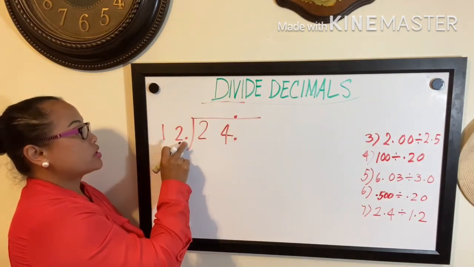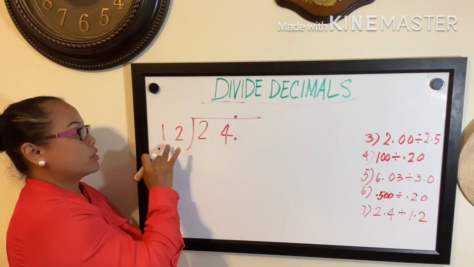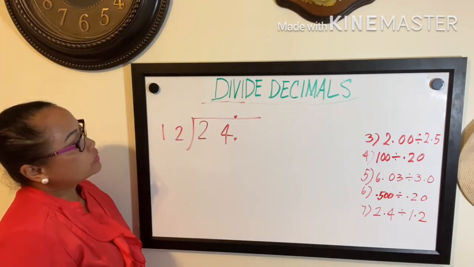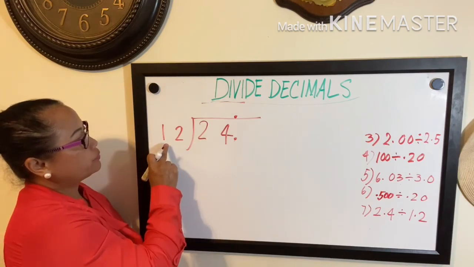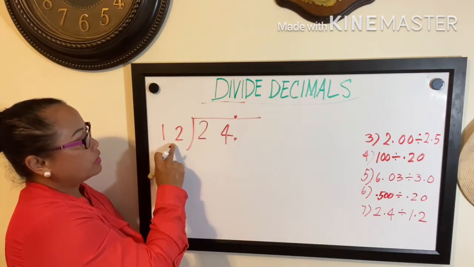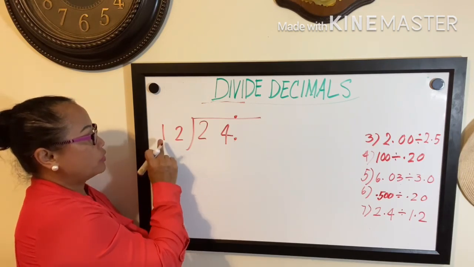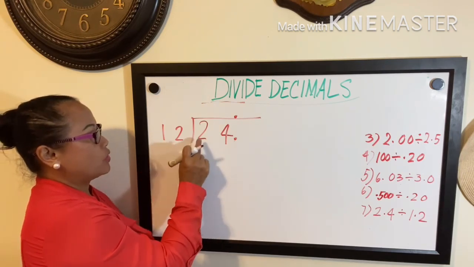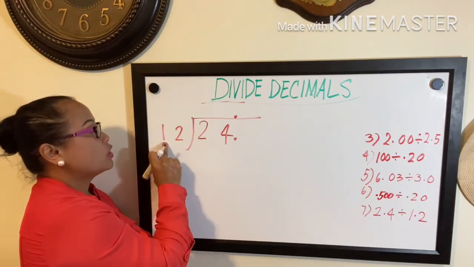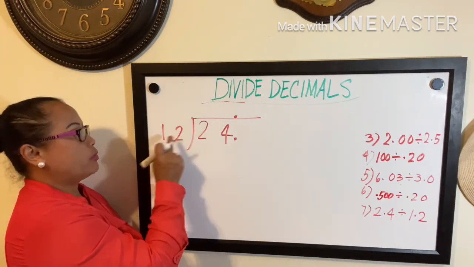Or we can just take this out because this is already a whole number. So now, there are 2 digits here, 1, 2. This one, 1, 2. So we have to pair them, okay? So 24 divided by 12.